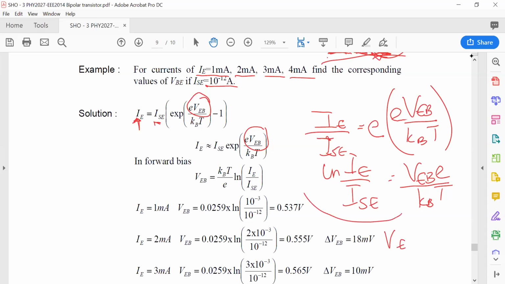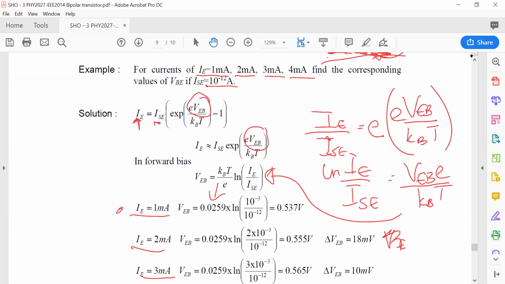From there you can see that VEB is equal to KBT over E, which is this constant here, 0.0259, times ln of the emitter current, which has various values in linear intervals, divided by the reverse saturation current.